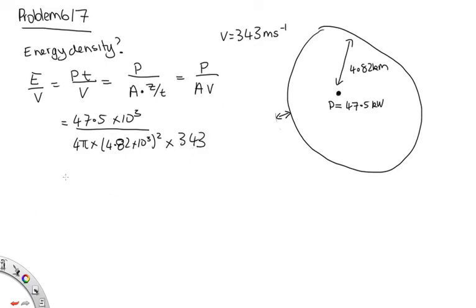So then all we need to do is solve this on the calculator. When you do that, you get 4.74 times 10 to the minus 7, and this will be joules per meter cubed. Or we can write it as 474 nanojoules per meter cubed. And that's the answer to that problem.